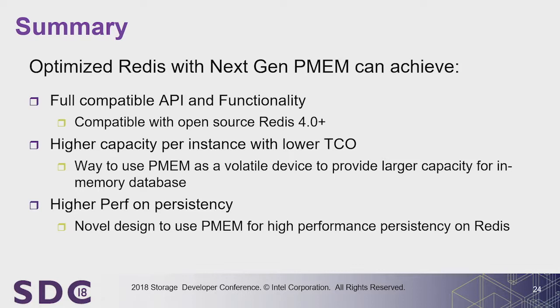And the way you use the PMEM, it is used more like a volatile device, so it can have larger capacity support. And for persistency demands, if there are any, just use the mechanism I mentioned before to get high performance persistence. Compared to the previous one, it can be up to several x better than Redis on the AOF file, also depending on what the interval is set to for transactional persistency, right?